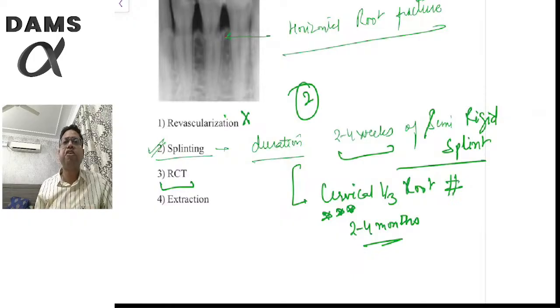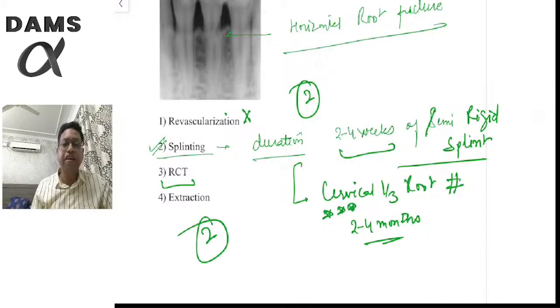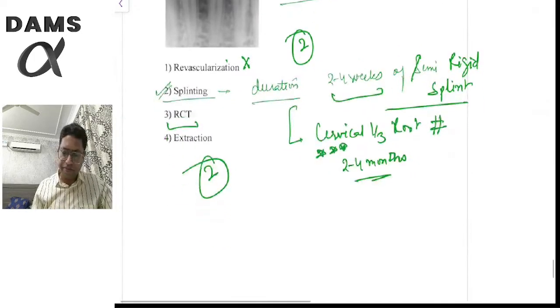But the question is asking about the first step. So whether it is the apical, middle, or cervical 1/3 of root fracture, whenever we attempt to salvage such a tooth, the first step would be splinting. And I have told you the type and duration of splinting. So option 2 would be the answer.